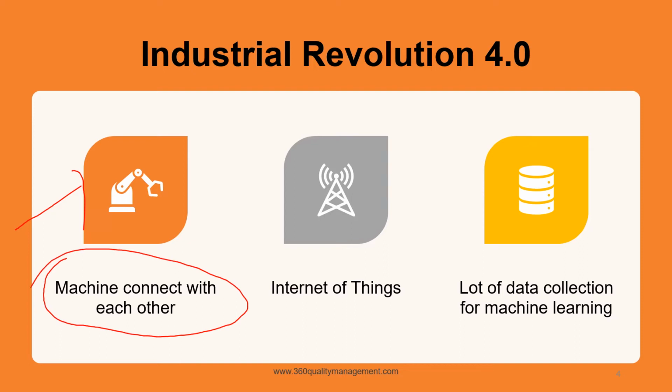That means they are linked with each other. And it's Internet of Things. That means you can really control everything at your fingertips. And also there will be a lot of data collected for machine learning.